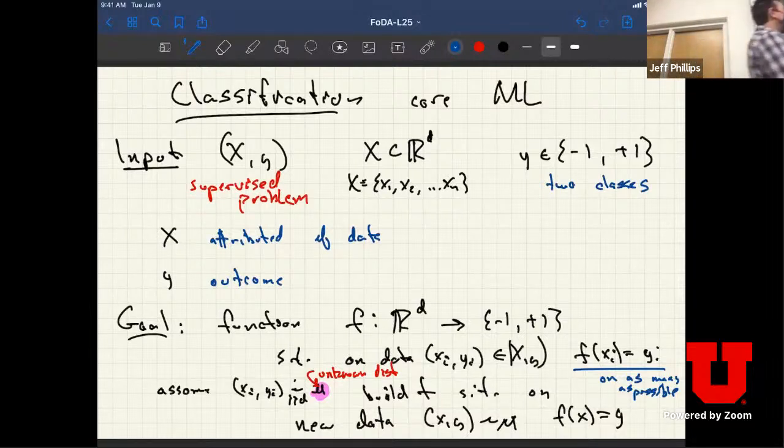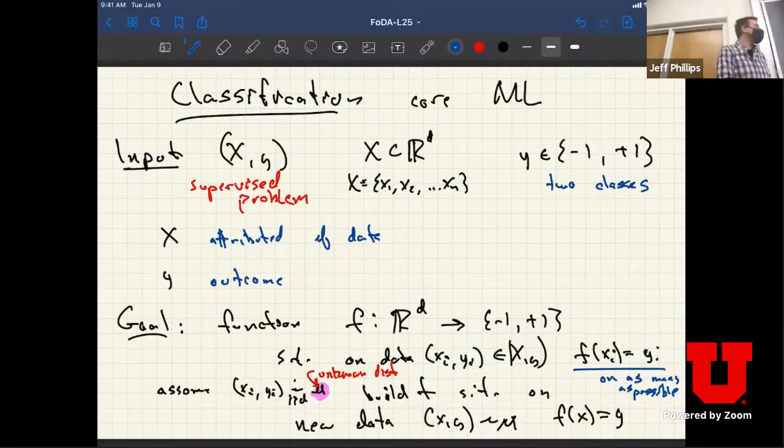All right, I can try and learn on the data I have, on the training data, but what I want is to work well on new data I don't have yet, right? So I can do cross-validation here. This is a supervised problem, which means I have cross-validation. Typically, you would take all the data you have and split it into two parts, the training and the test.